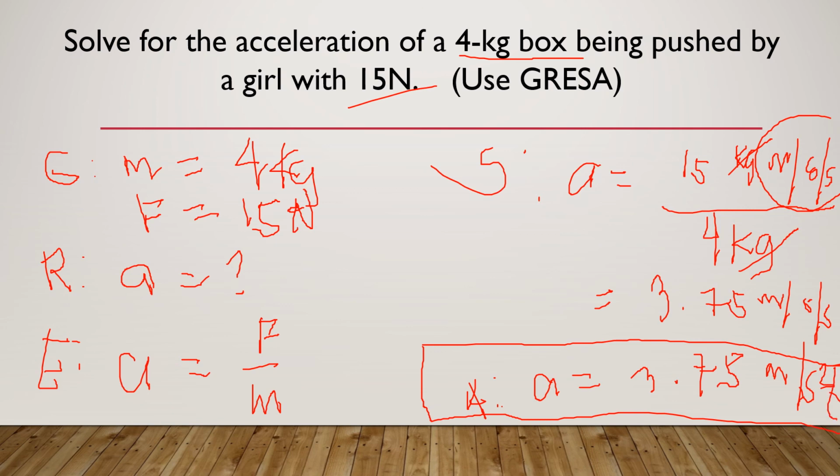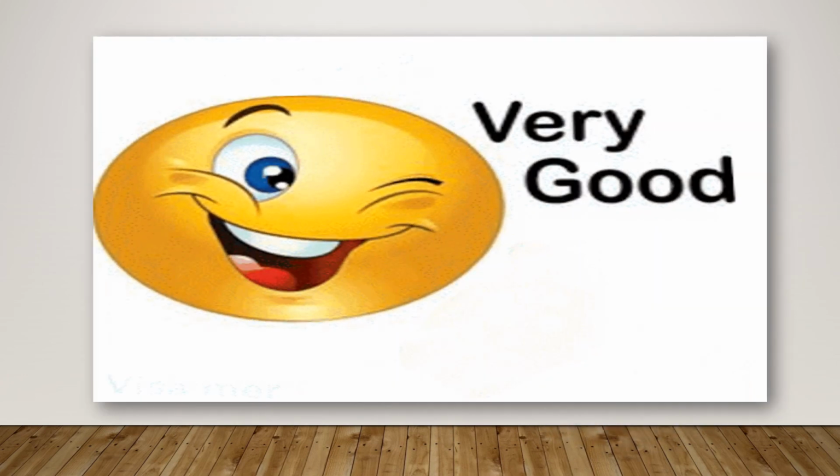So very good. We are now done with the 3 problems. It seems that based on the way you were able to solve the problems in our check your understanding part, you are very good, guys. So keep it up.